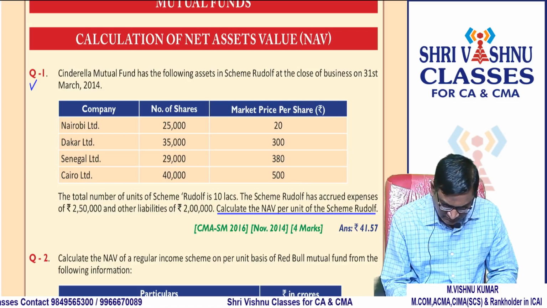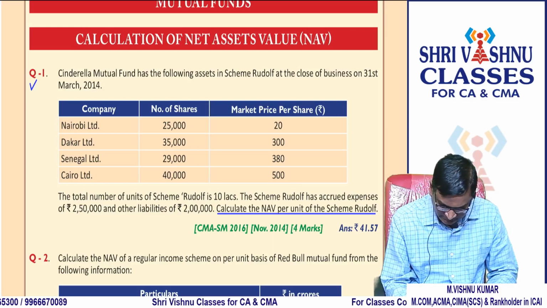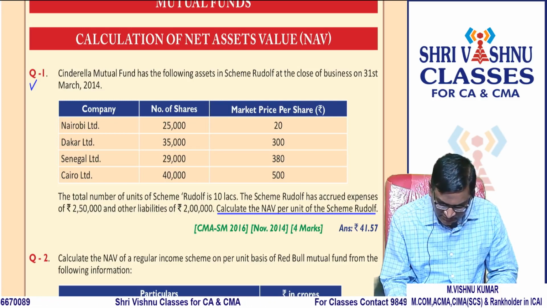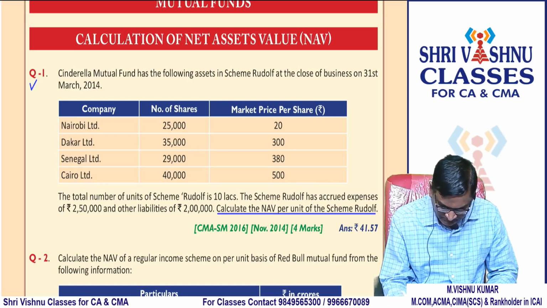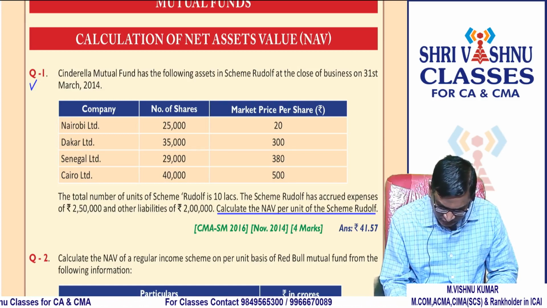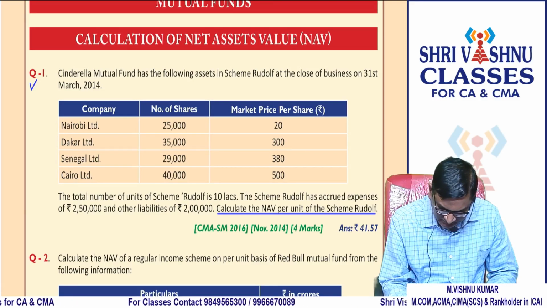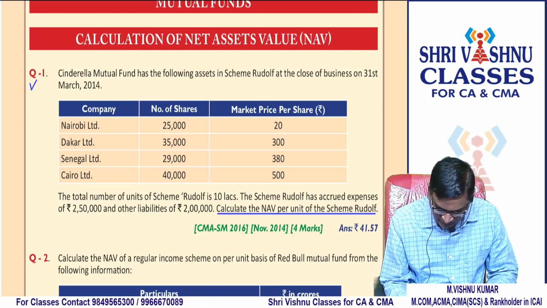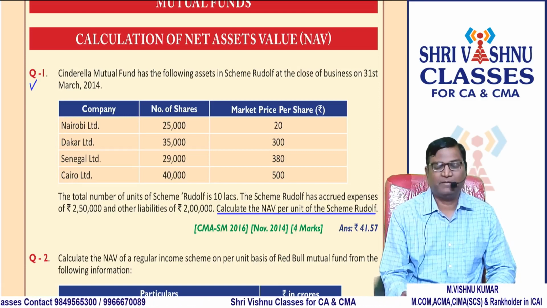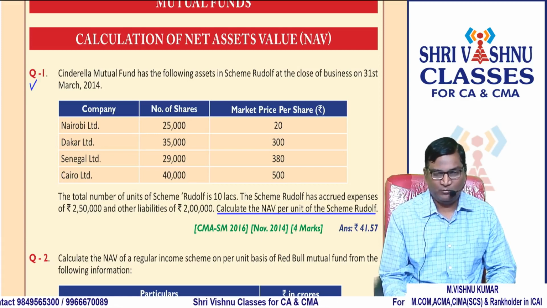Number of shares will be 25,000, 35,000, 29,000, 40,000, and this is the market price. So market value is 25,000 into 20, 35,000 into 300, 29,000 into 380, 40,000 into 500. From this we will get the market value of portfolio.